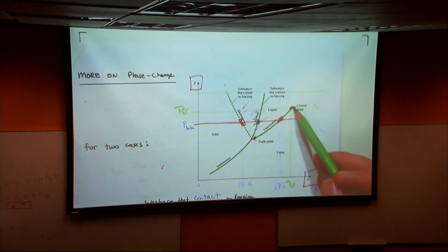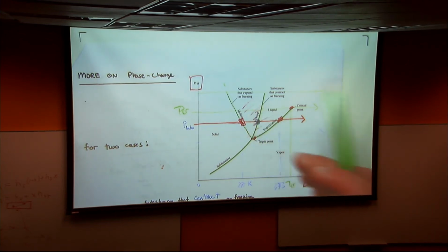Once I go to any temperature beyond the critical temperature, I'm schizophrenic as a fluid; I don't know whether I'm liquid or vapor. At any temperature below, I can still say that I'm in the liquid phase.